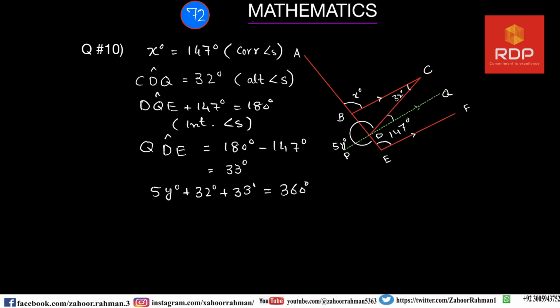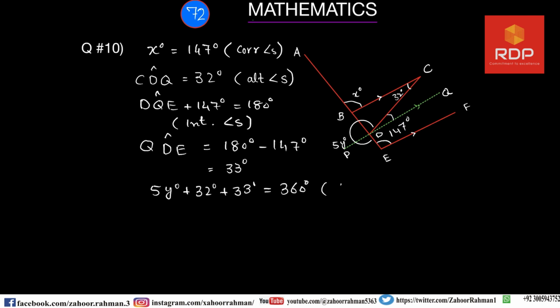Ladies and gentlemen, I told you that due to the angles at a point, at one point, as many angles as you are creating, the sum of all those angles will be equal to 360 degree, and that is what we are using here.